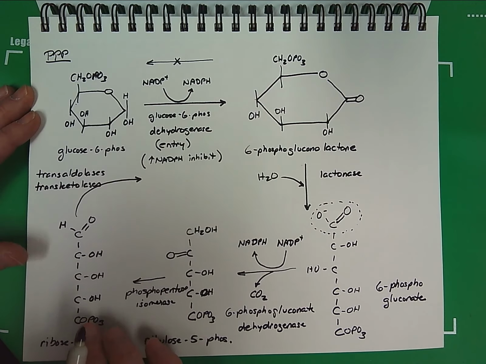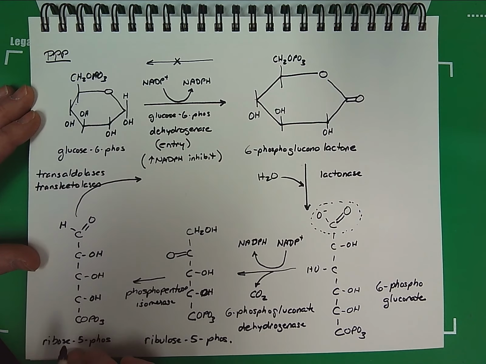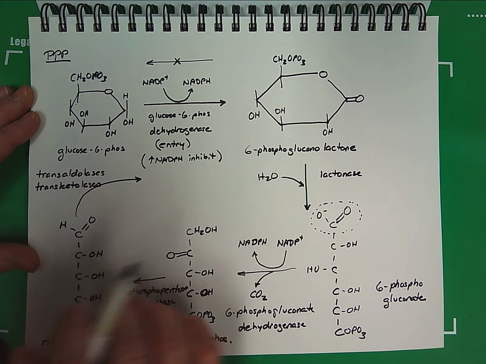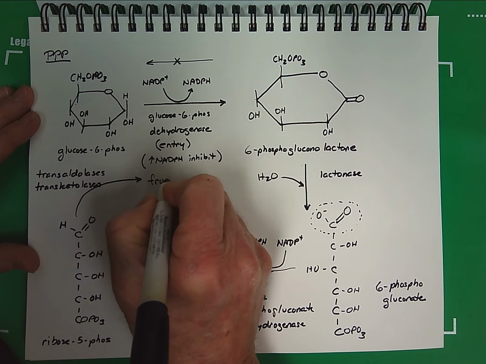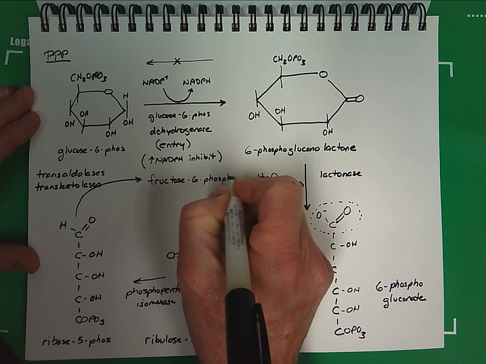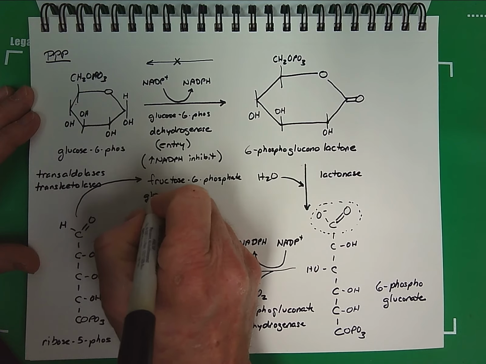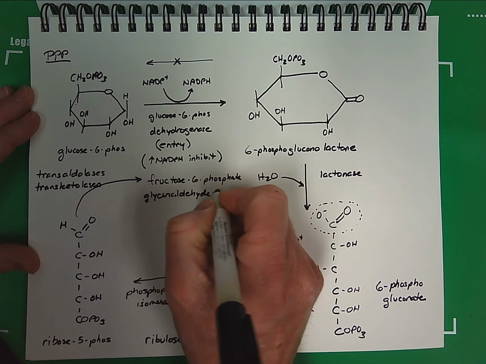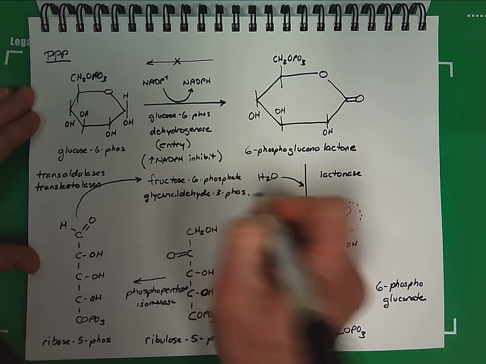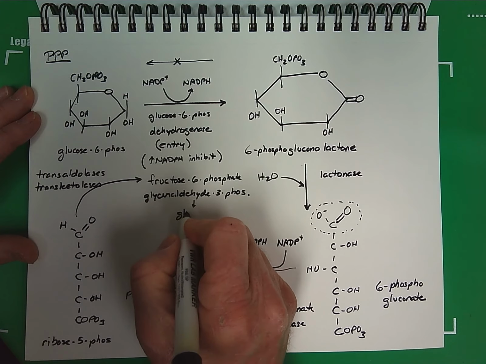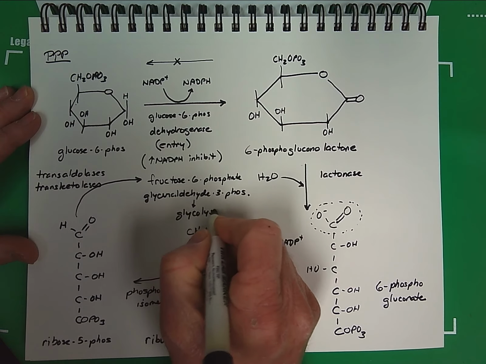And this is a series of reactions that are able to take the 5-carbon ribose structure and through some carbon combinations, moving carbons around, we are able to reconstruct fructose 6-phosphate and glyceraldehyde 3-phosphate. These both, of course, can be placed back into glycolysis.